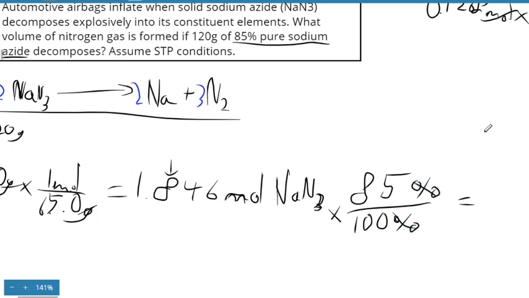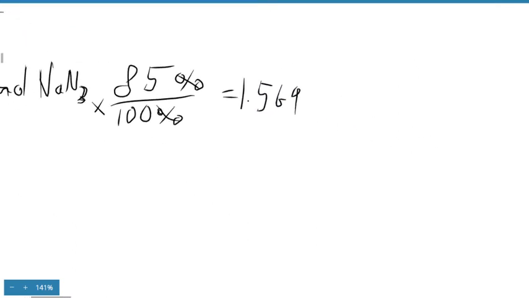So if you do that, 0.85, we get 1.569 moles of NaN3. So 2 sig figs.